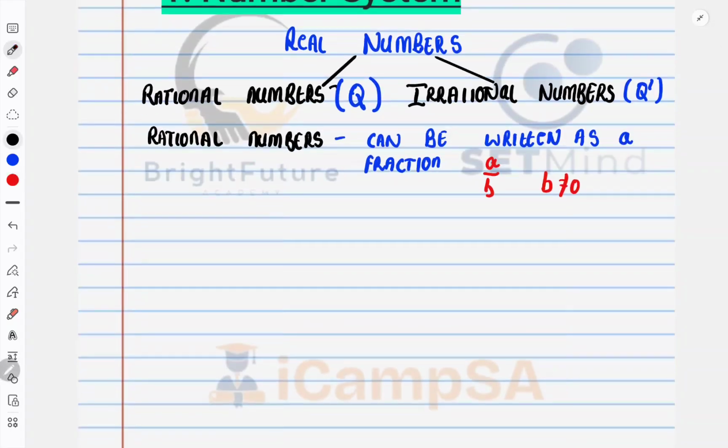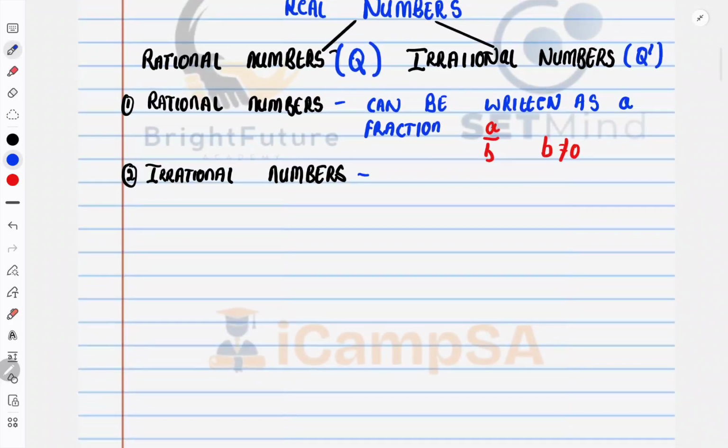Then we have another set of numbers that falls under real numbers, which we call the irrational numbers. Irrational numbers cannot be written as a fraction.